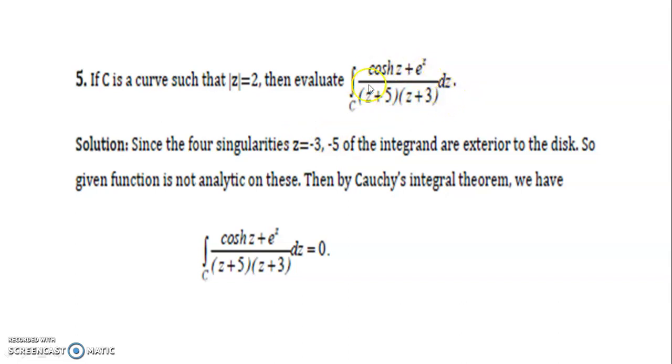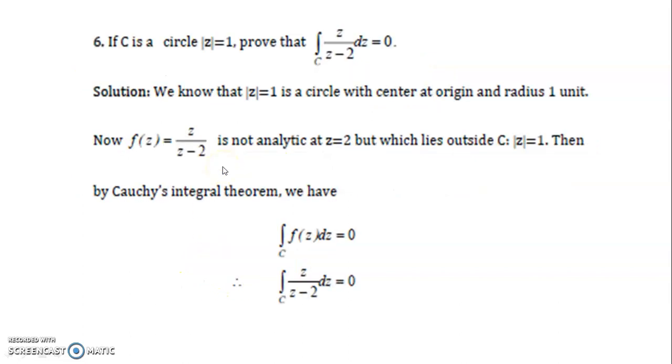It has two singularities, minus π and minus 3, which lie outside the given circle |z| = 2, because its domain is only 2, but here they are at minus 3 and minus π, outside the given circle. So the given function is not analytic at these 2 points. Then by Cauchy's integral theorem, this integral again becomes 0 over this given circle.